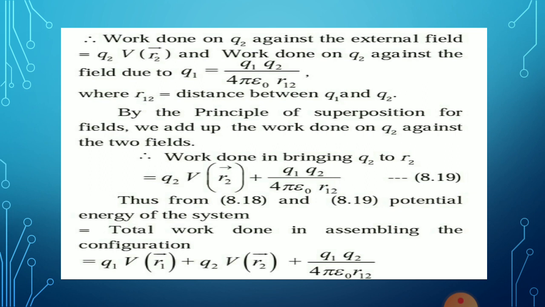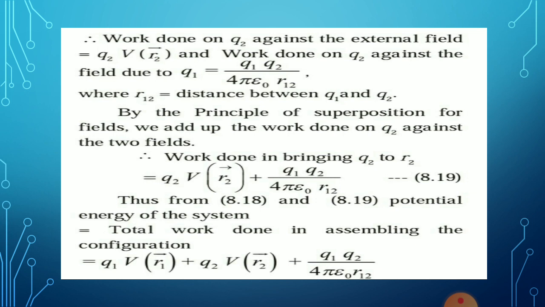Therefore, work done in bringing Q2 to r2 equal to Q2 into V of r2 bar plus Q1 into Q2 upon 4 pi epsilon 0 r12, equation 8.19.